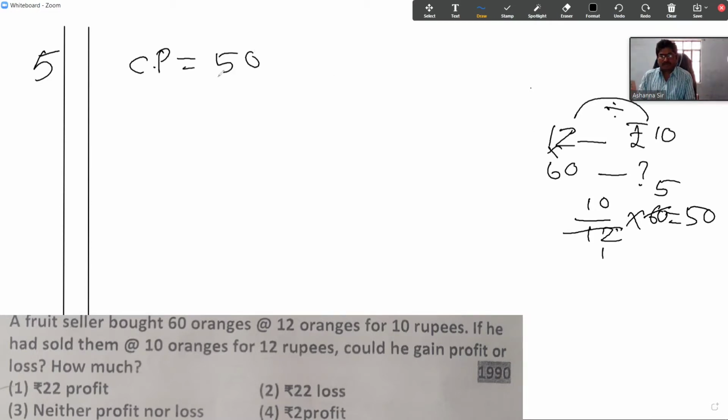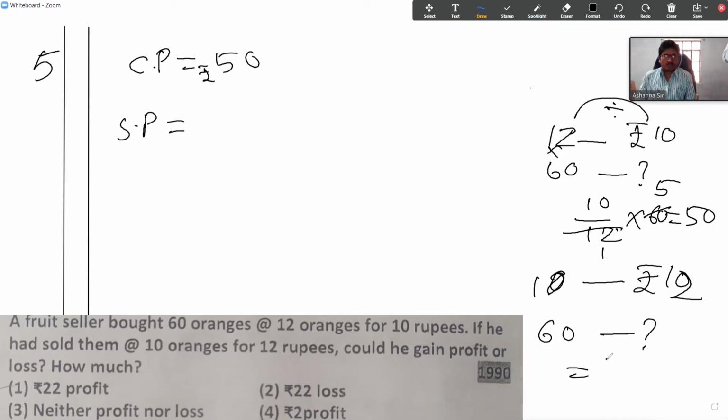Now how much is the selling price? He sold 10 oranges for 12 rupees. So how much for 60 oranges?